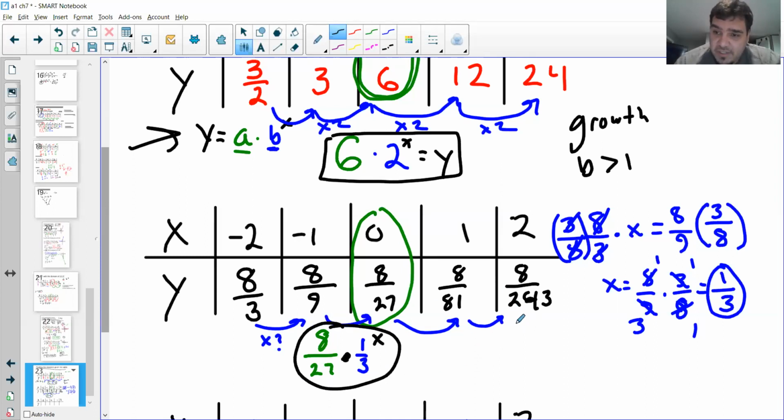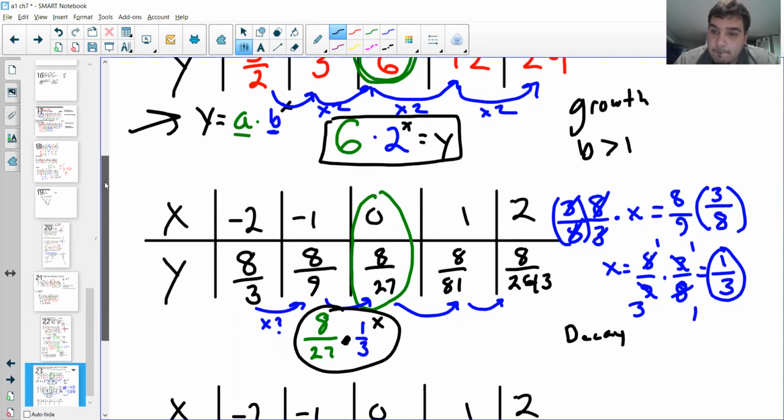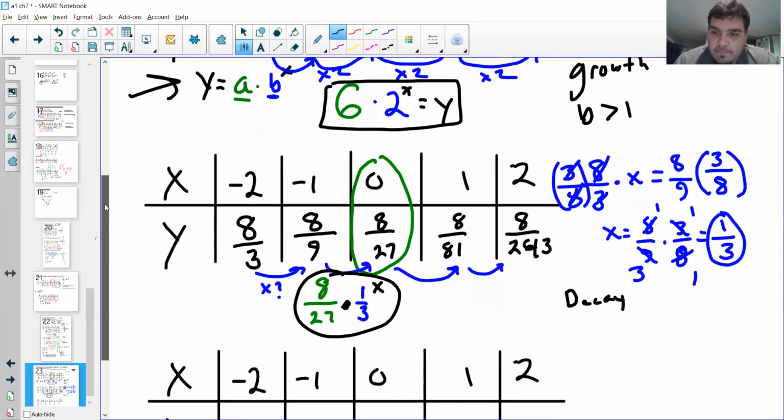In this situation, it is a decay, because it's 1/3, something smaller than 1. Next one.